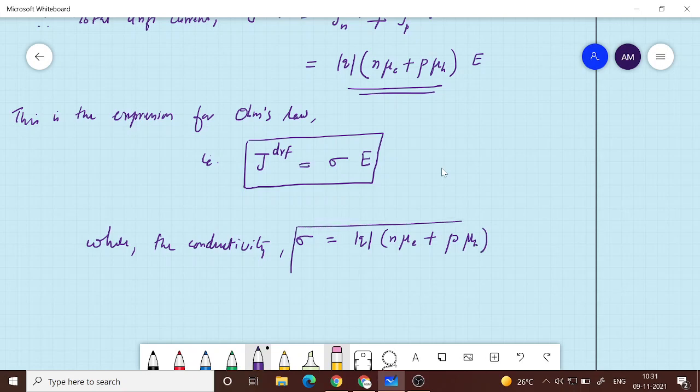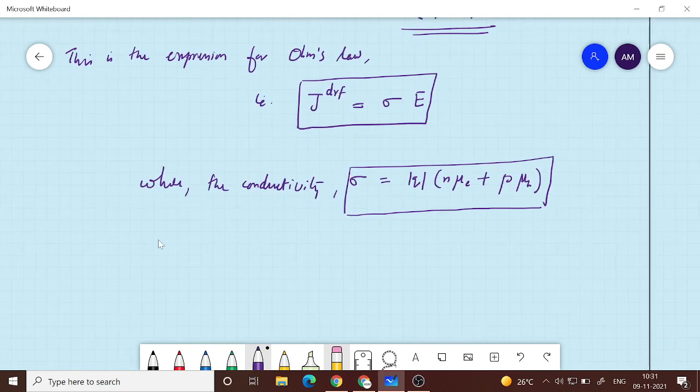So this is a very important relationship. We can do problems with it. Okay, so this is the expression for conductivity, and this is Ohm's law.